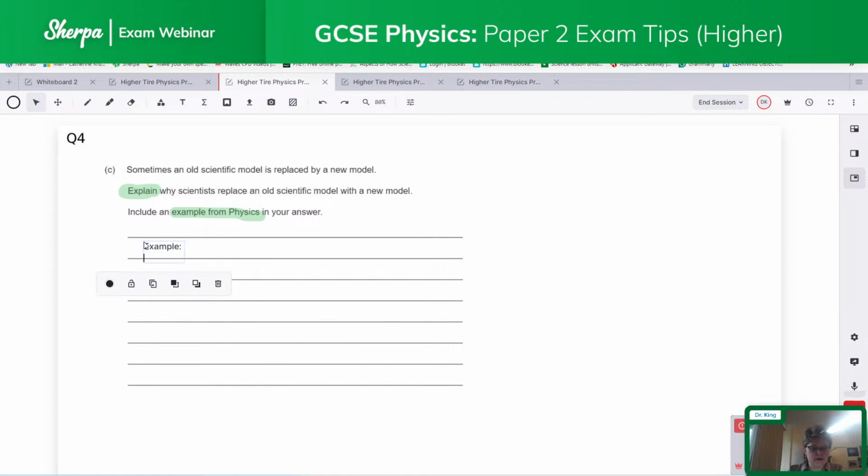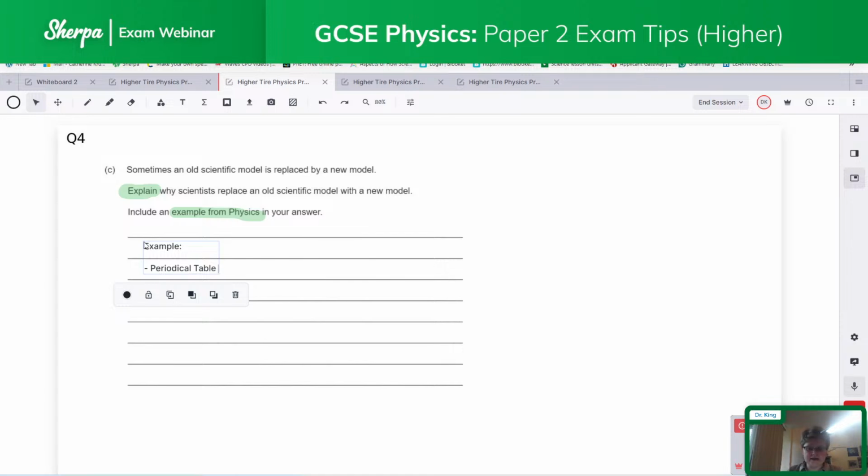You may think about the periodic table and its evolution. We know that Mendeleev replaced the old model of the periodic table and put all the elements in the periodic table according to atomic weight. Why? Because he didn't see the system in the old periodic table.